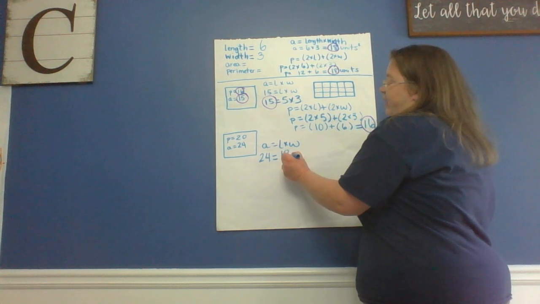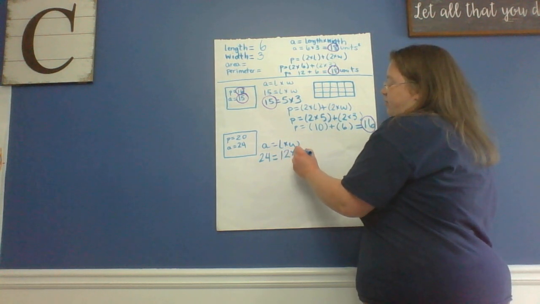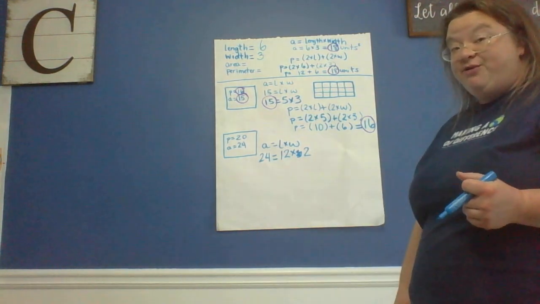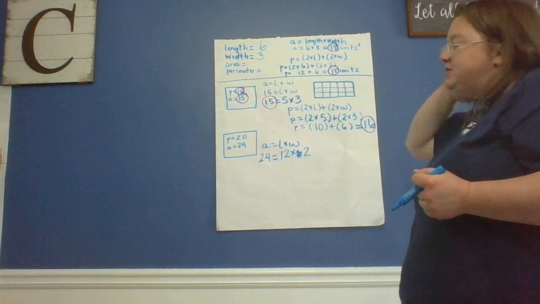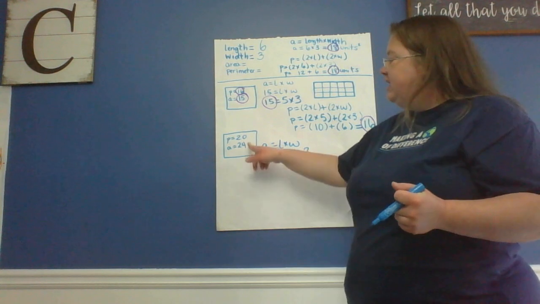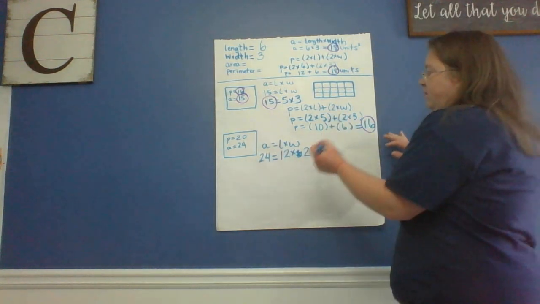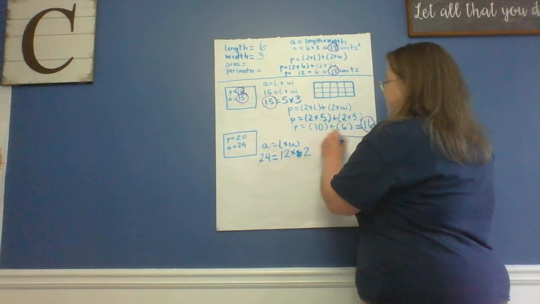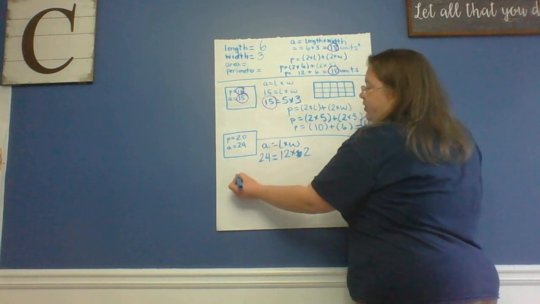If our length was 12 and our width was 2, our area would be 24. Now, I'm going to stick these two numbers into my perimeter formula and see if I get 20. Let me draw a line between this so we don't get confused.